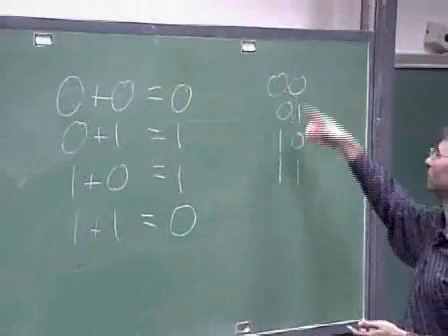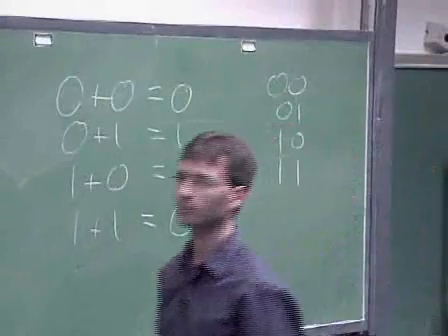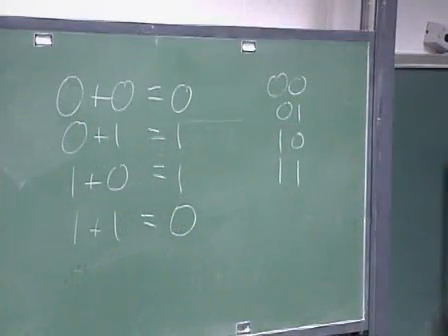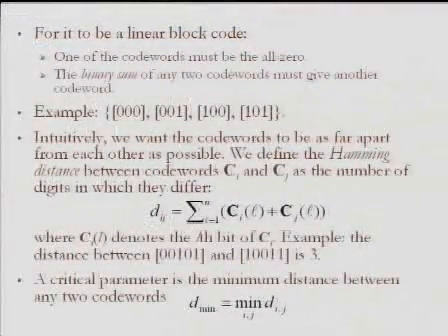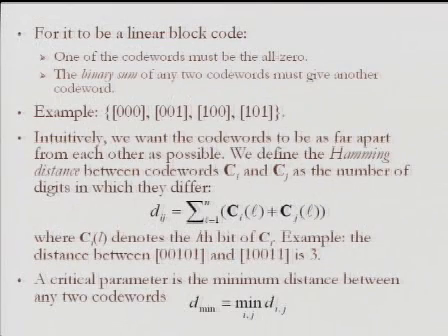These are the 4 that you can send, and these are 2 bits. So this is a 3,2 code, right? So n is 3 and k is 2.